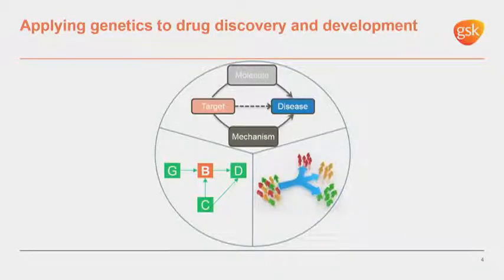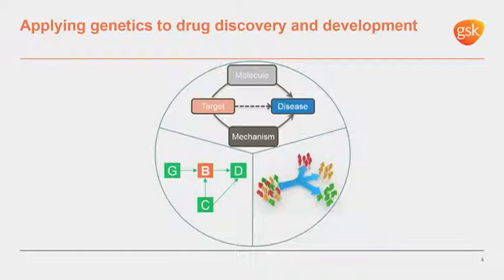So there are a number of applications of genetics in early drug discovery and development. I was just describing the ability to create stronger causal connections between the drug target or the gene that we're interested in, and ultimately the disease that we wish to treat.